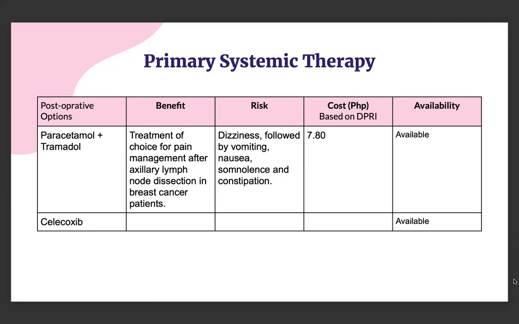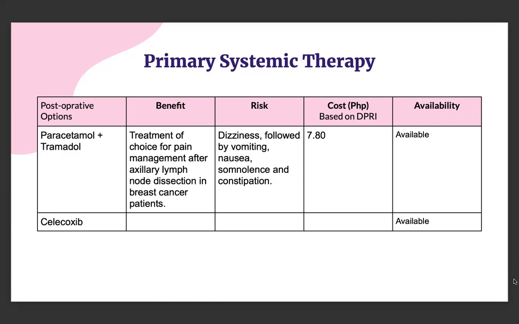So for HER2 negative breast cancer patients, the treatment of choice would be the aromatase inhibitor with ovarian suppression. And that's for the preoperative options.